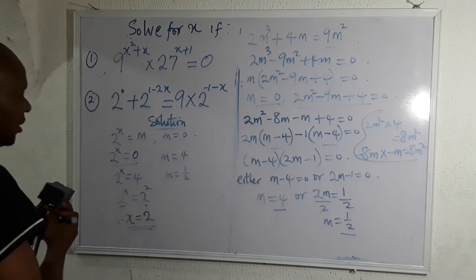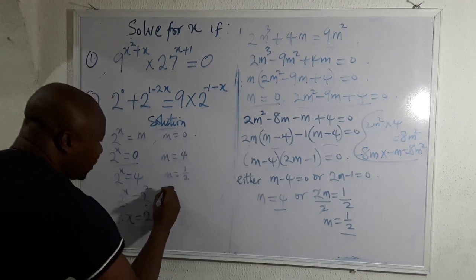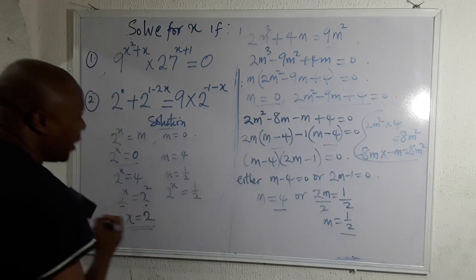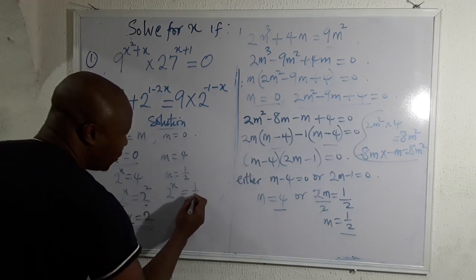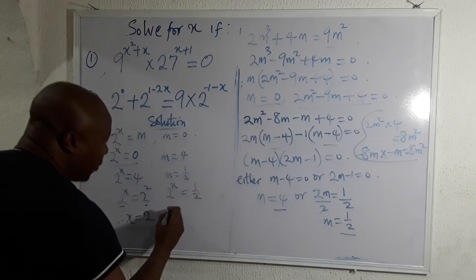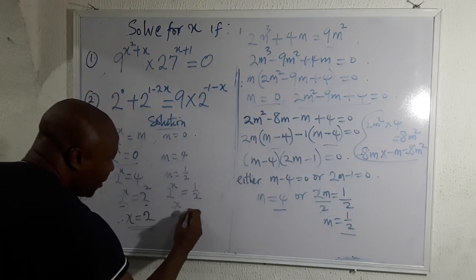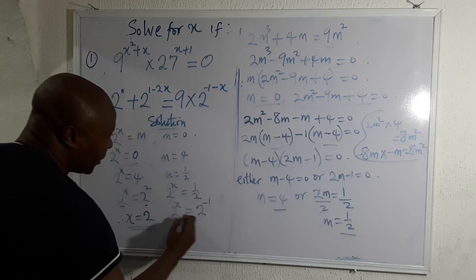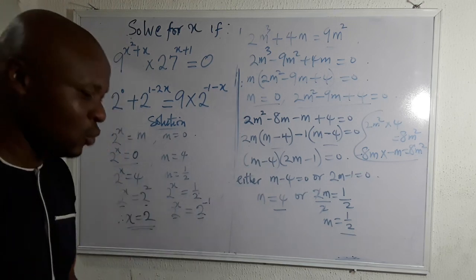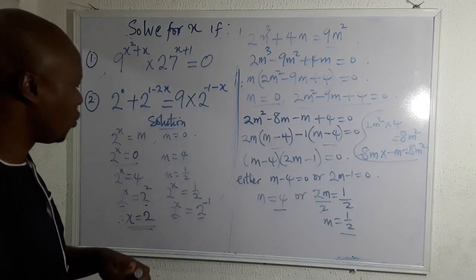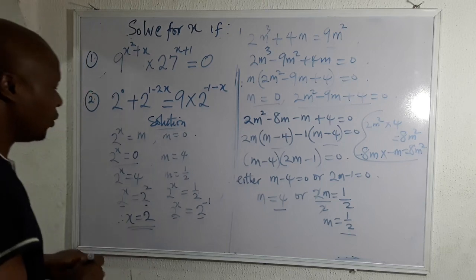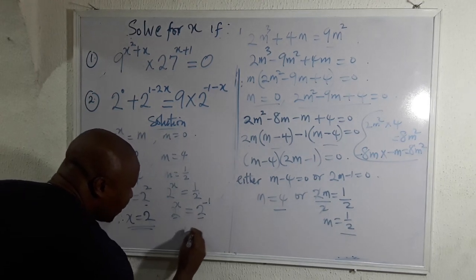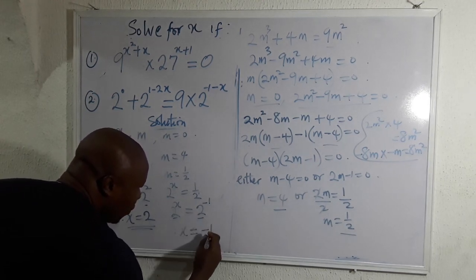The third case: 2 raised to the power x is equal to 1 over 2, and we can re-express this as 2 raised to the power x equal to 2 raised to the power minus 1. The bases are the same, so we compare the powers. Therefore x is equal to minus 1.